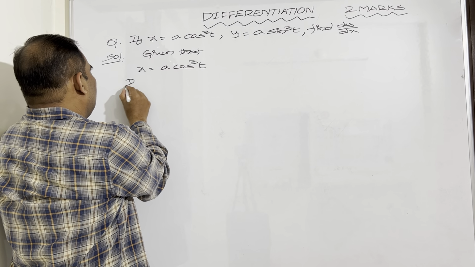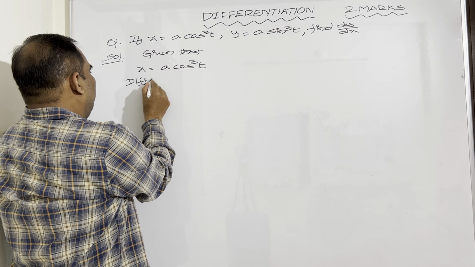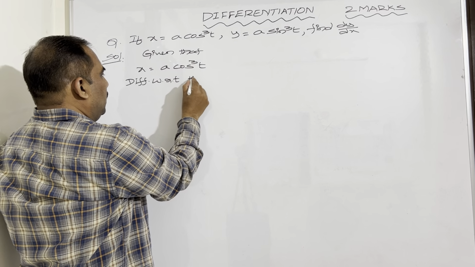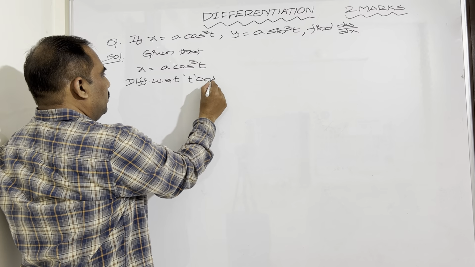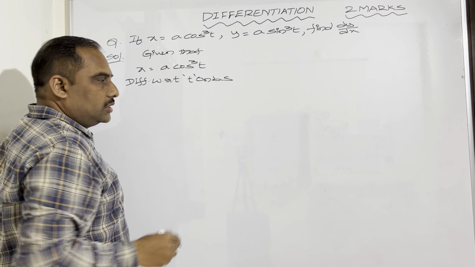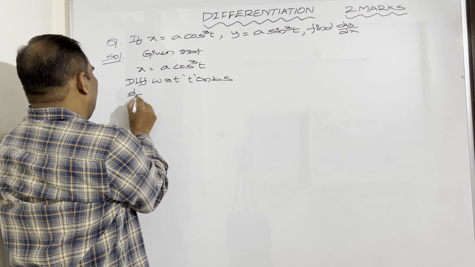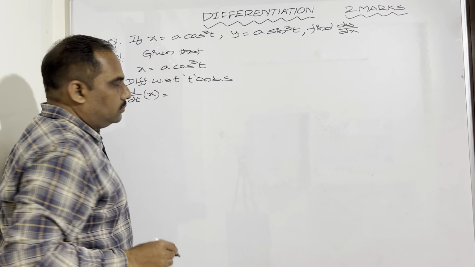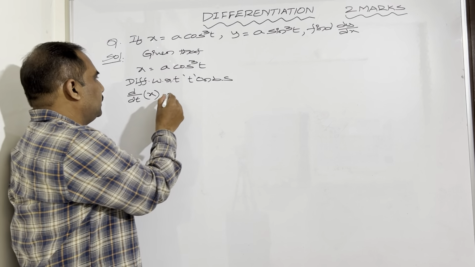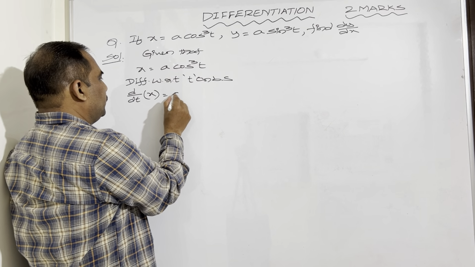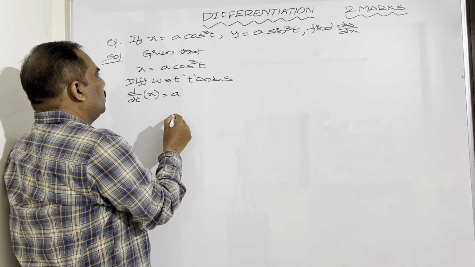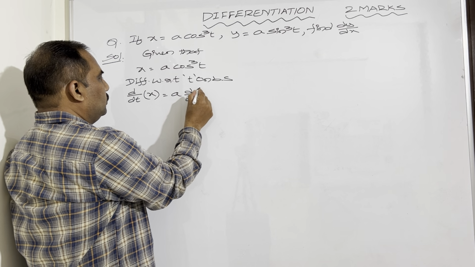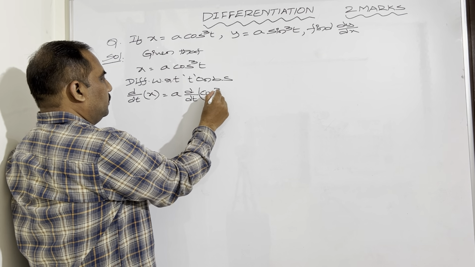So now differentiating with respect to t on both sides. Now we get d by dt of x is equal to, here a is constant with respect to t, so d by dt of cos cube t.